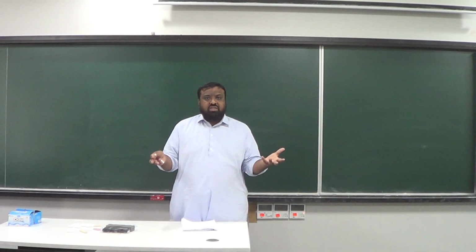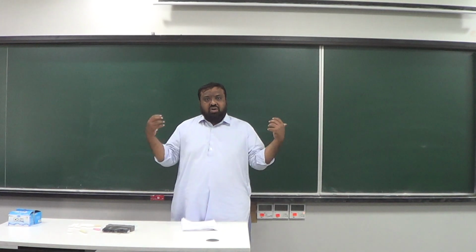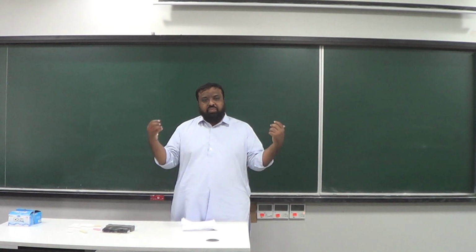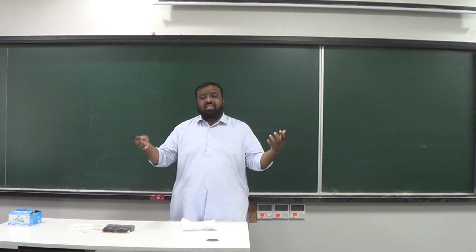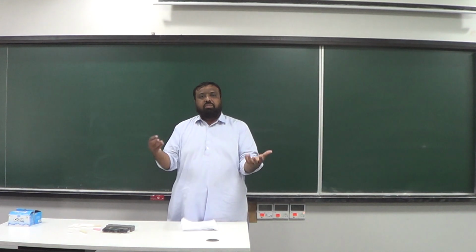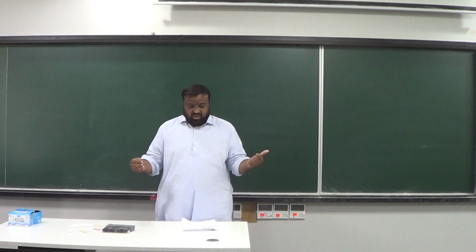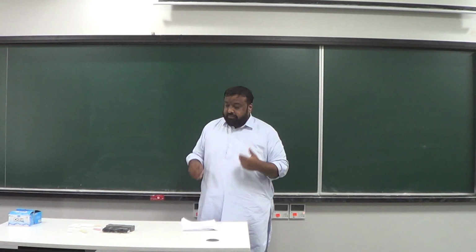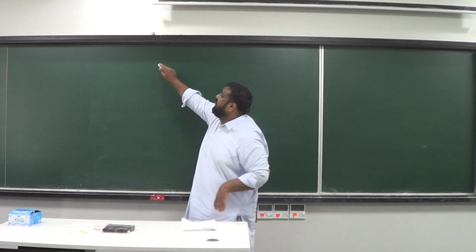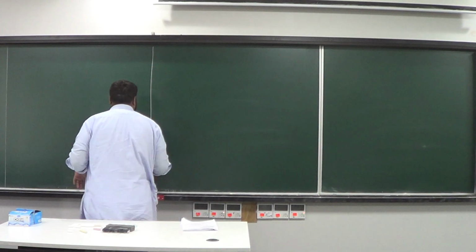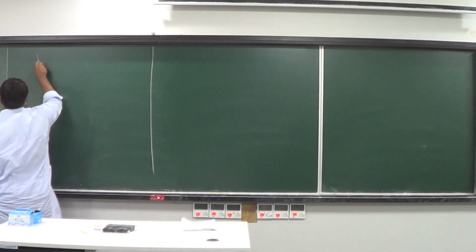The question is how to compute the joint probabilities of both random quantities together. So it's going to be the discussion on jointly distributed random variables.